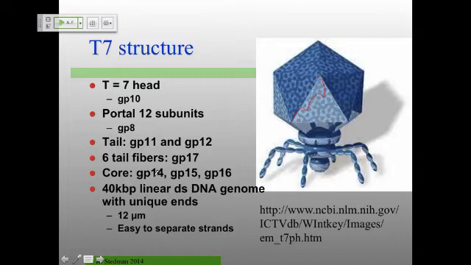So what's present inside the capsid other than the core? It's a 40,000 base pair linear double-stranded DNA genome with unique ends, and we'll see many cases where you actually have inverted terminal repeat sequences at the ends, but this one was actually kind of different. One of the reasons that people were so excited about this particular bacteriophage is it's got a lot smaller genome than this guy, and it's relatively easy to study.